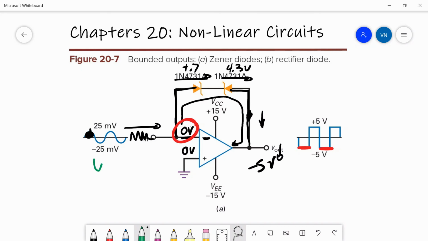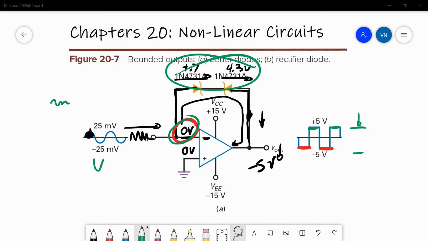And when the input goes negative, the output rises to plus 5 volts in order to maintain 0 volts on both inputs. So we get a very small swing on the input, and we get an output swinging from plus 5 to minus 5. Change these Zener diodes, and you could have it going from minus 10 to plus 10. You could select what voltages you want to limit the output to.